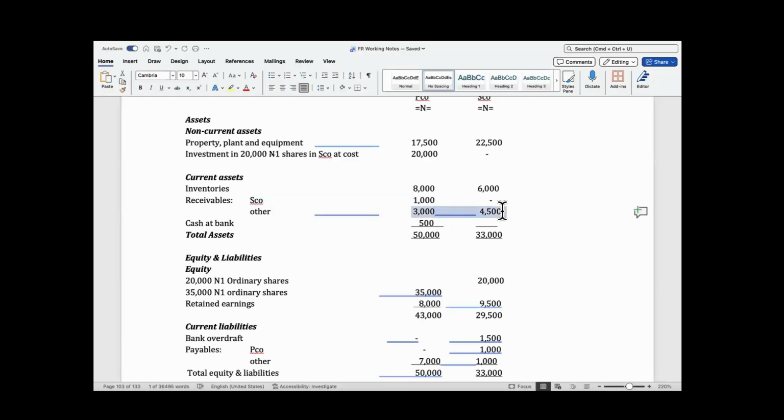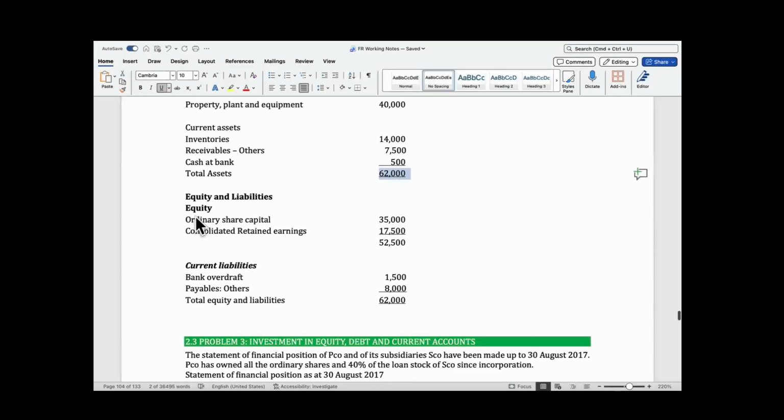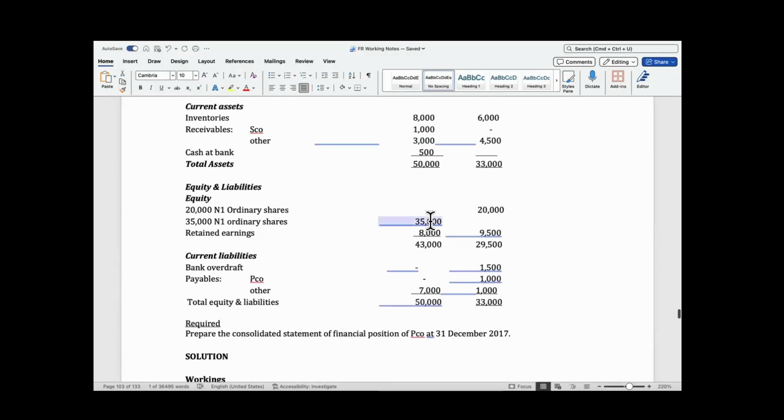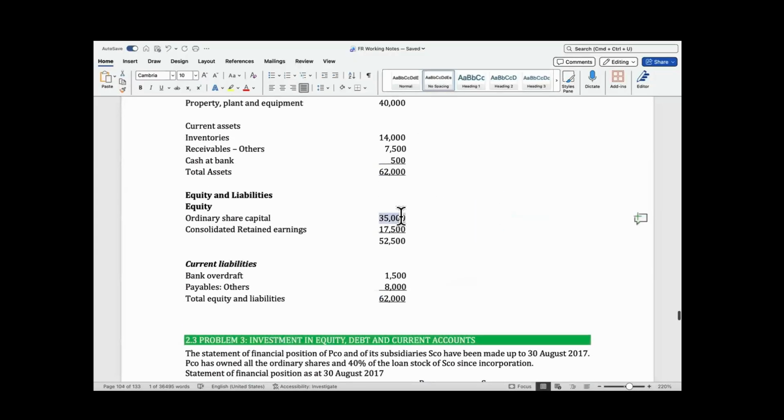So we are consolidating only this one, 7,500. Then cash at bank, we add it together. The ordinary shares, which is equity, is 35,000. So we are only consolidating this 35. We have cancelled out this 20. So we are consolidating this 35.